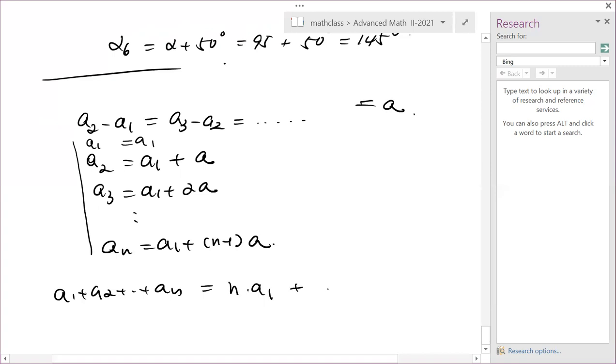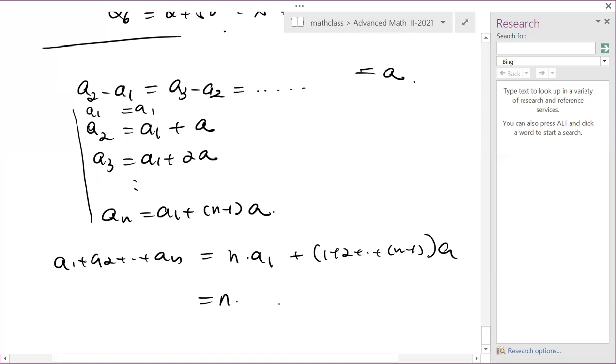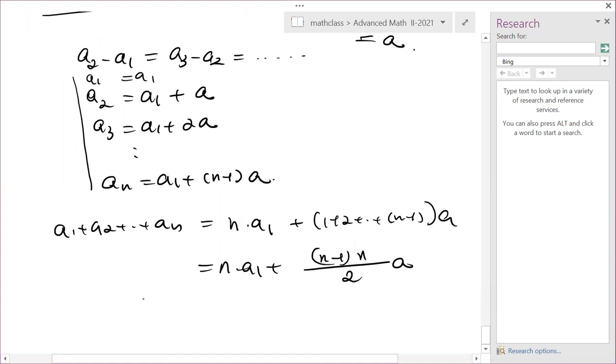Then you have 1 plus 2 plus 3 all the way to n minus 1, times d. Then you simplify it and get n times n minus 1 divided by 2, times d. So this is the formula for the sum of n terms. That is about problems on sequences we learned last semester. I'm going to stop here.